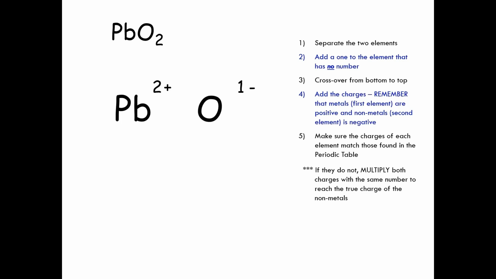But what I do to oxygen, I must also do to lead. And so I will multiply both of these elements by 2. And when I do multiply them, I get a new charge for lead, that is 4 positive, and the true charge for oxygen, which is 2 negative. Both of these match the periodic table, and so now I can move on to step number 6.